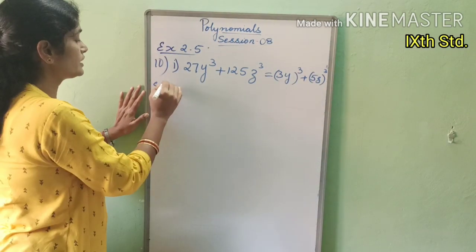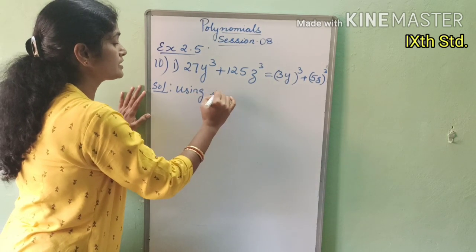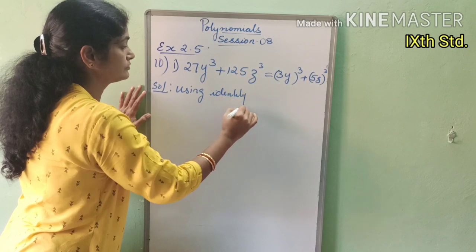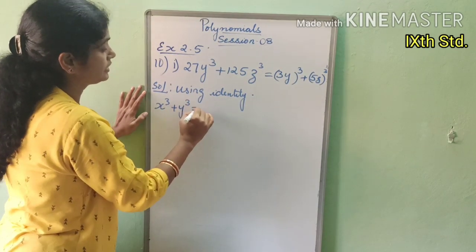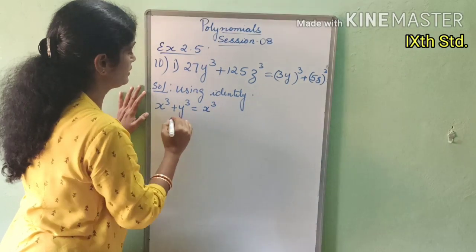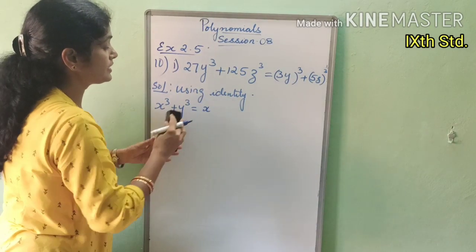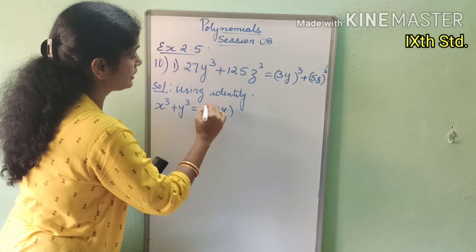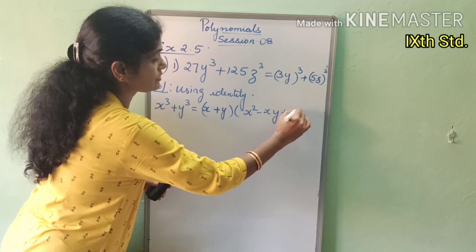So we will use the identity x cube plus y cube. x cube plus y cube is equal to what? It is x plus y into x square minus xy plus y square.